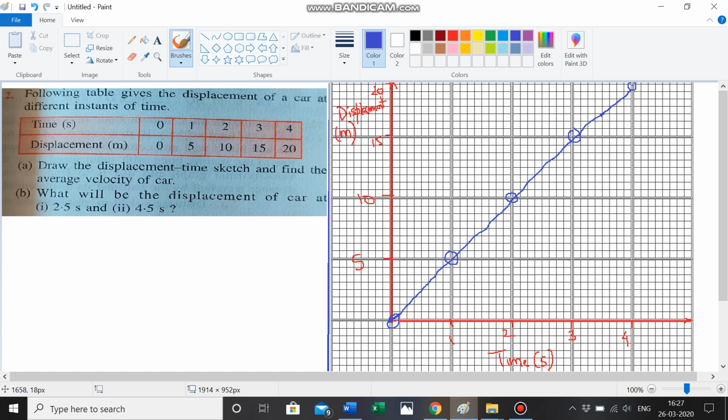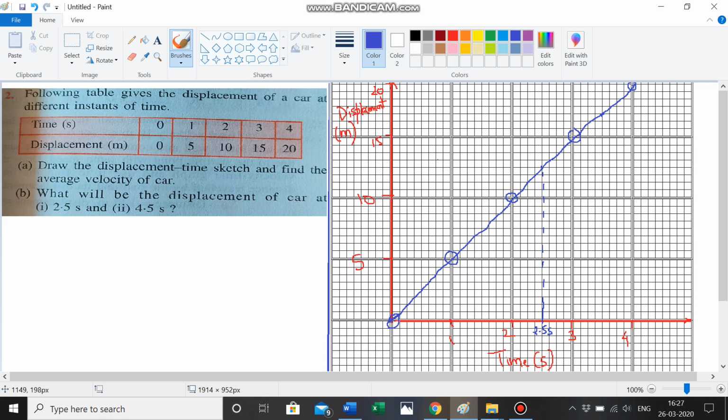When you join these points with a ruler, you will get a straight line starting from 0 and going up to there. Now let's look at the second part of the question. What will be the displacement of the car at 2.5 seconds? So where is 2.5 second? This is 2.5 second. So let's draw a dotted line from here onto the graph.